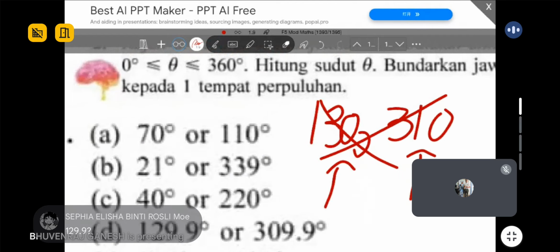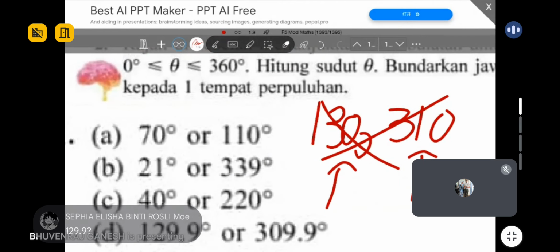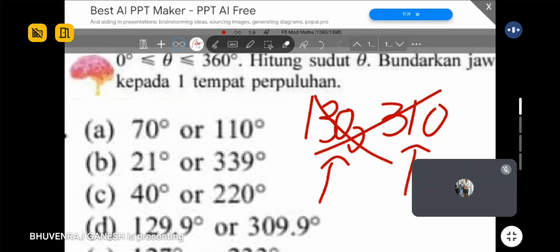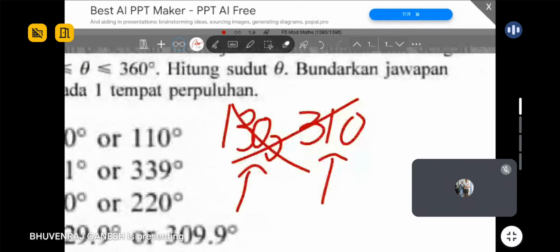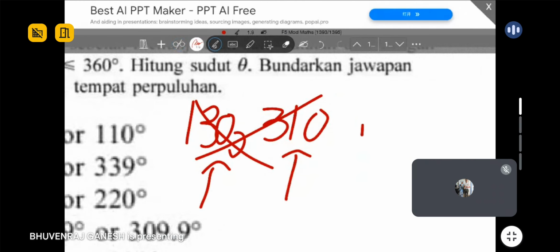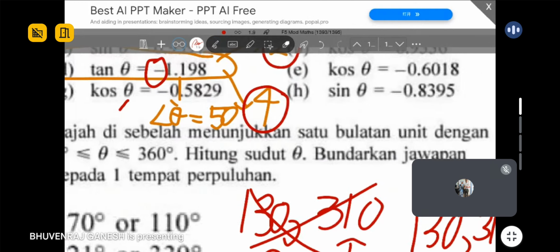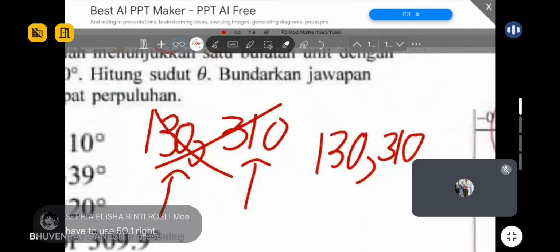Kamu kena bagi nilai dalam kalkulator kamu yang kamu nampak tu. Just give the exact value in the calculator, then you get it correct. Very sayang, you know, guys. Kalau kamu bagi jawapan ni pada pemeriksa, dia pun tak tahu macam mana nak bagi markah kat kamu. Sebab kamu dah betul konsep kamu semua, tapi sebab tak baca arahan soalan, salah.